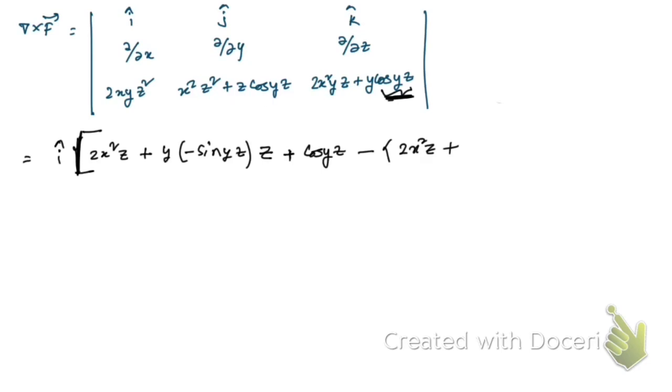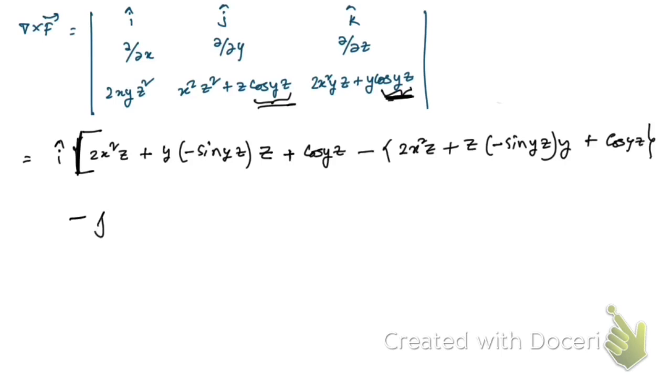So first function, that is z, and derivative of this, again minus sine yz, then again if you differentiate this with respect to z, then you're going to have y, right? Then plus second function, that is cos yz, times derivative of the first function, derivative of z with respect to z, that's going to be 1, so simply we get cos yz. That's it, right? So that's what we have got.